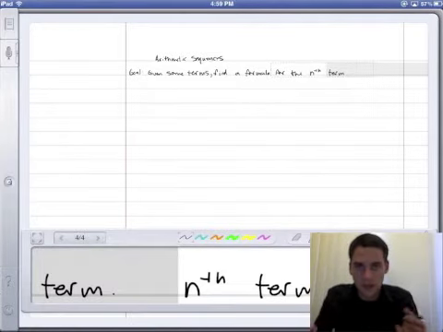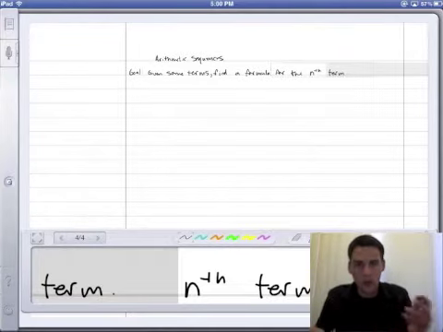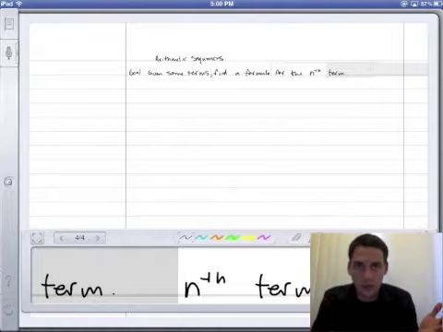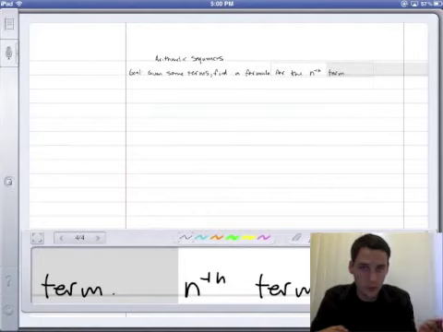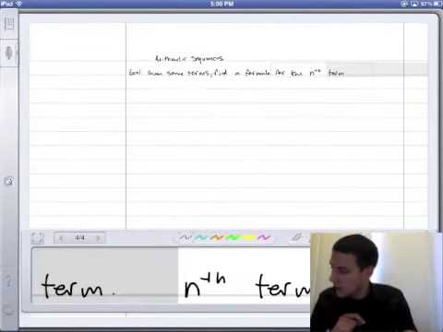And all that means is it'll be a formula for any term that I want. Say it's the first term, then I can plug in 1 and get the first term, but we don't need that. So if it's the 25th term, I'll plug in 25, and I'll get that. If it's the nth term, then I'll plug in n, and then I'll have my formula. So that's all that means.